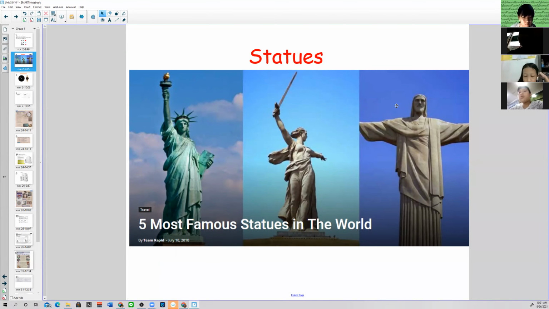I think it's in Mexico or somewhere in South America. The symbol of Christians. All these things we call a statue. Does our town have a famous statue? We do. We have the Yamo statue, right?